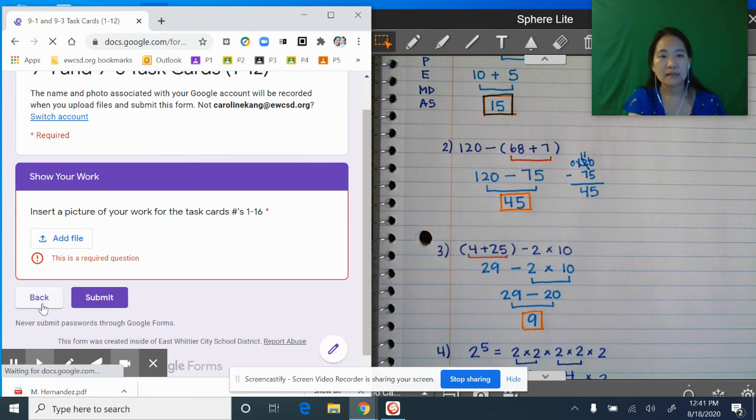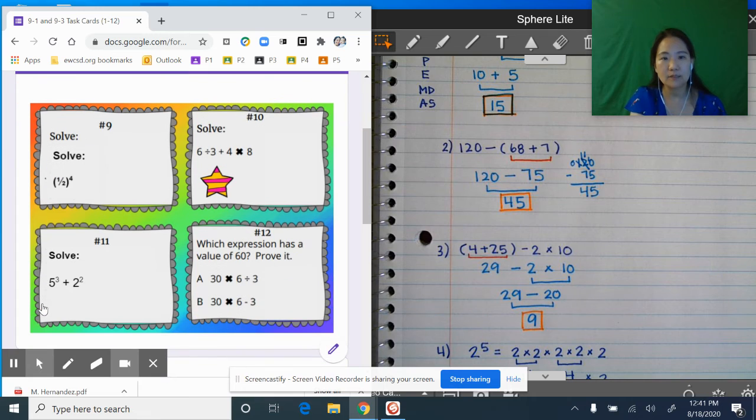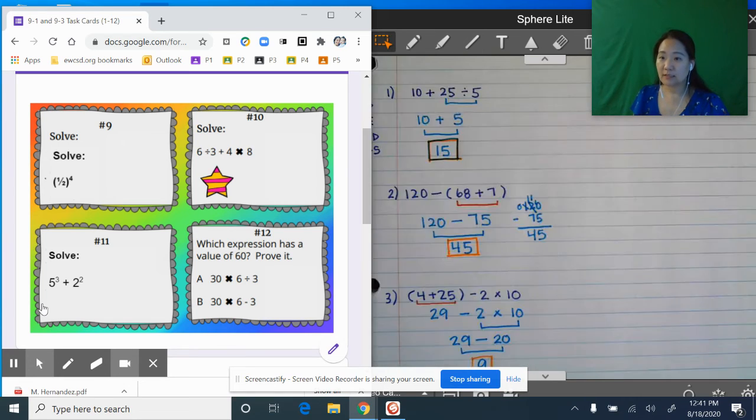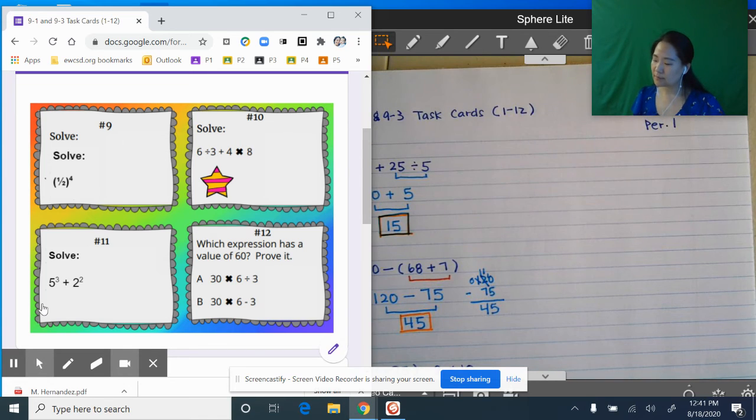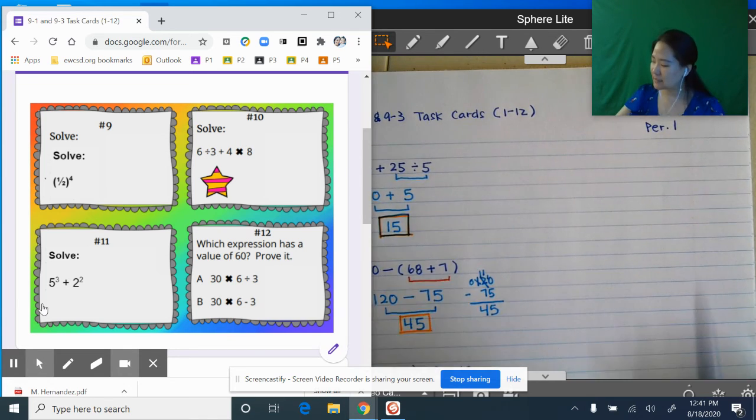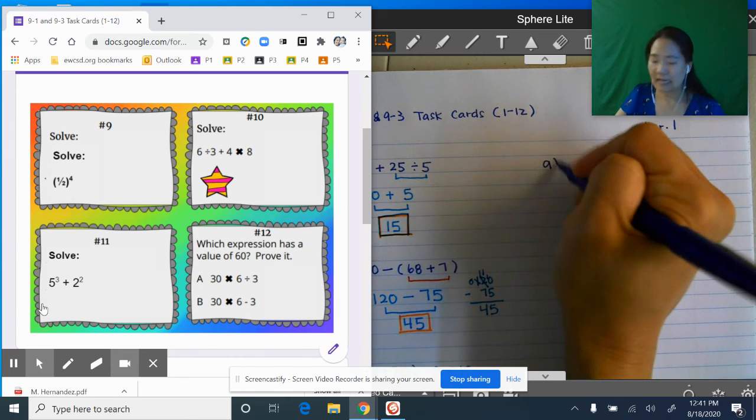All right, now I just noticed there's something I want to talk about. So over here, I see a fraction exponent and it says solve, and we went over this lesson on Monday or Tuesday, but just in case you are struggling with the fraction exponent, I'm gonna go over number 9 as well. So here's number 9.